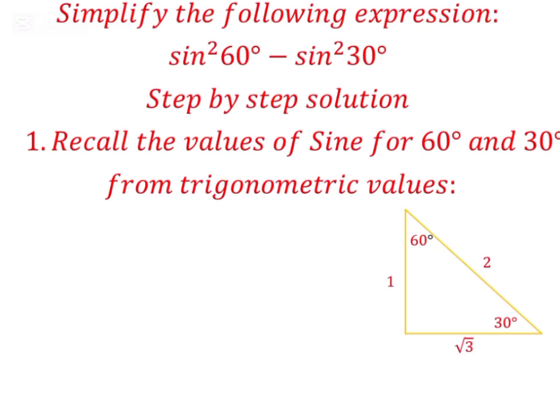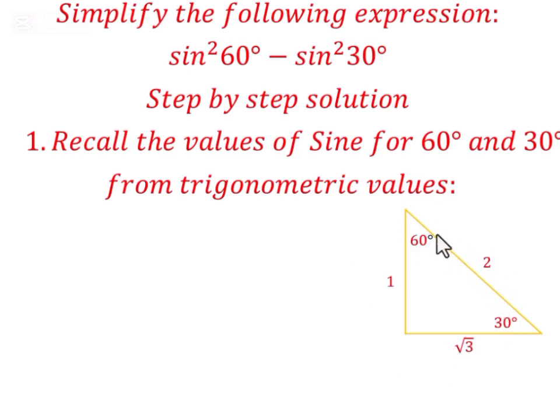For 60 degrees, the opposite is √3, the adjacent is 1, while the hypotenuse is 2. For 30 degrees, the opposite is 1, the adjacent is √3, while the hypotenuse is 2.